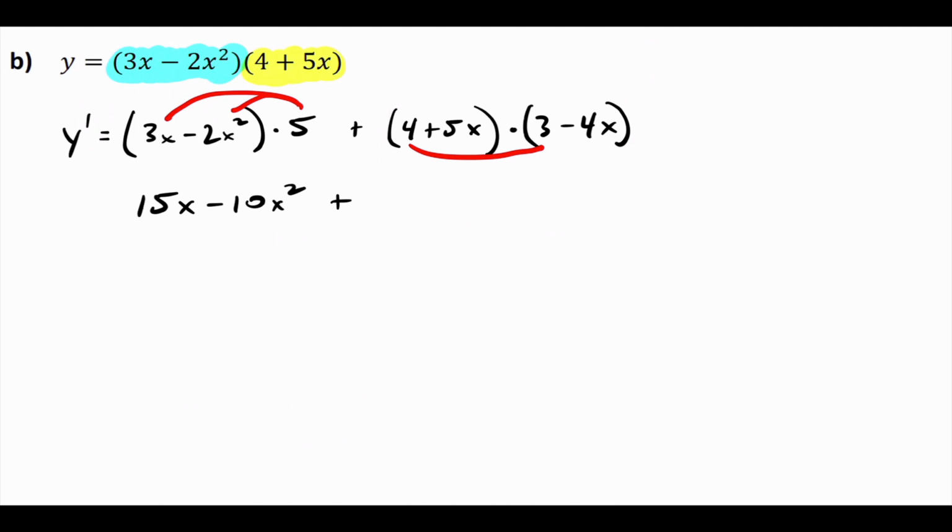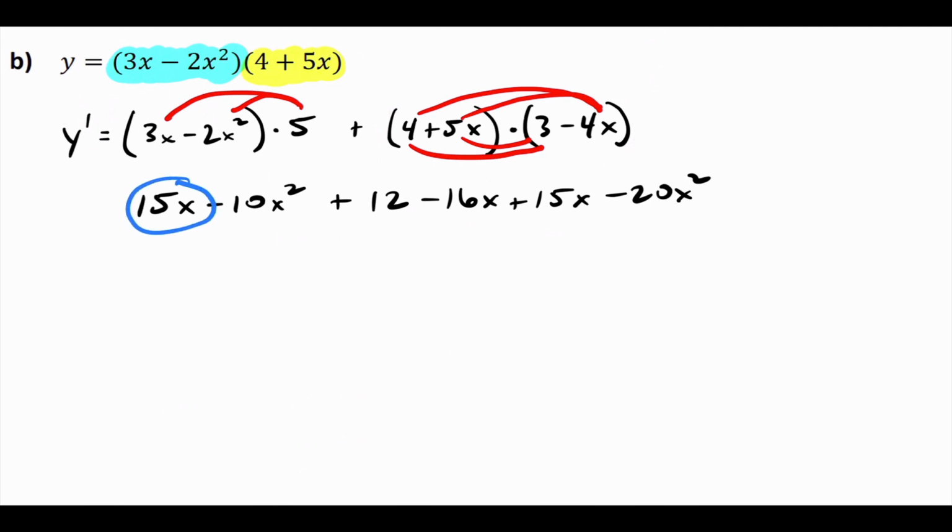First: 12. Outer: negative 16x. Inner: positive 15x. Last: negative 20x squared. Combine 15x, negative 16x, and 15x.